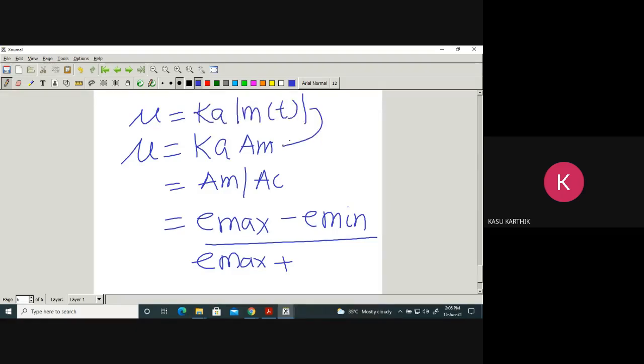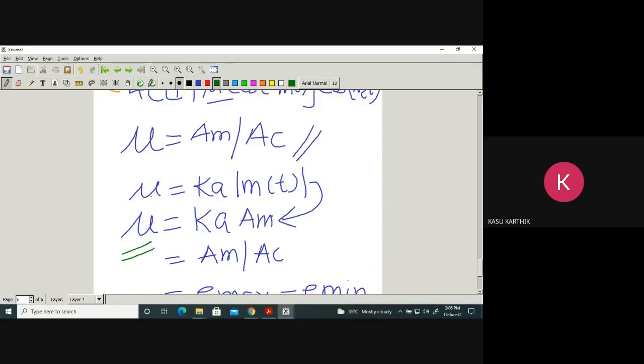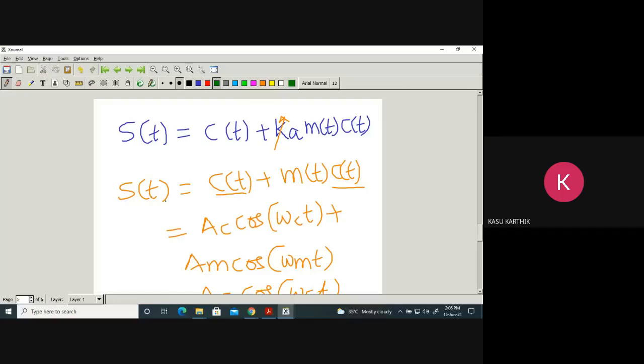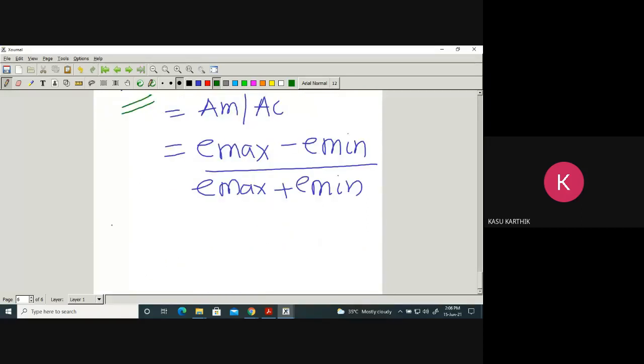Depending upon the given parameters, use any one of these three formulas to find out mu. Now here, sometimes I am not writing this Ka, correct? Sometimes we neglect this Ka. Why? Because Ka is called amplitude sensitivity. What is the purpose of this Ka?